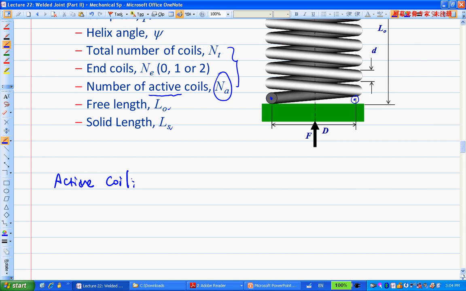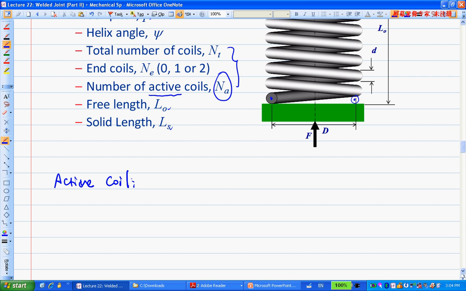Is that good? Getting the right value for NA is the next exercise, and it's very important. You need to have that capability, because if the NA value is wrong, everything else is wrong.